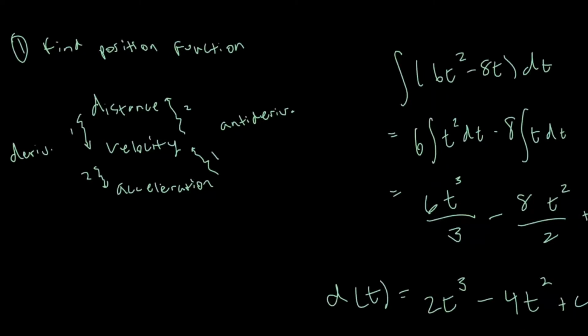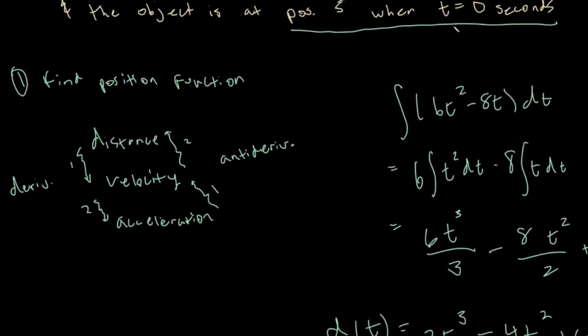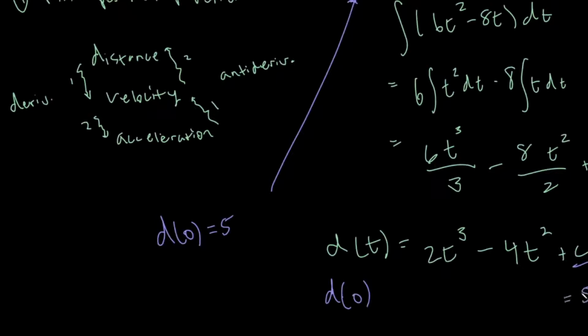Okay, well, that's a problem, right? What is C? We don't really know what C is, but there's another piece of information we haven't used yet, and it's that the position is 5 units when t equals 0 seconds. In other words, d(0) equals 5. That's the information we just got from up there. So if I plug in 0, I better get 5.